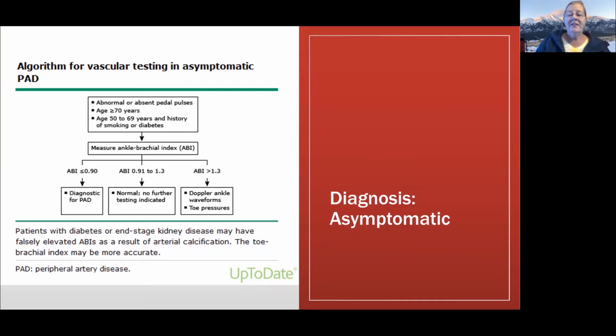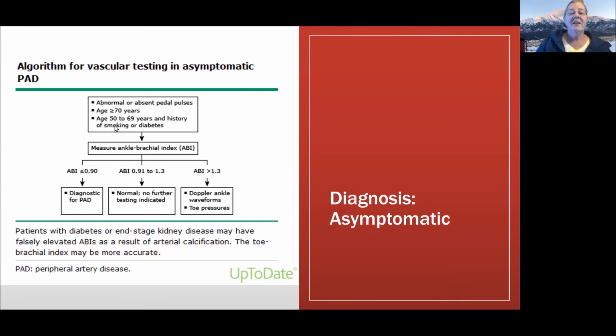The diagnostic process. So when you have someone who's asymptomatic, you're noticing that there is something wrong. So in just a general physical assessment, we notice that there are absent or abnormal pedal pulses, specifically in individuals over the age of 50.